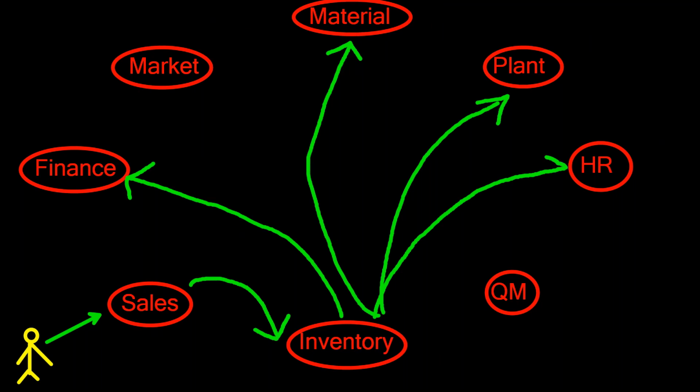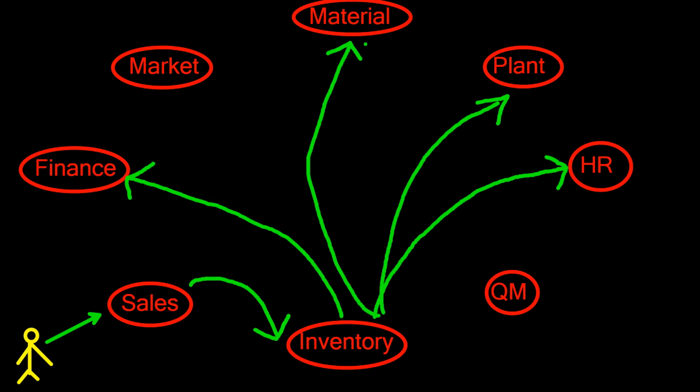After discussing with the HR department, finally HR agrees to release the funds. Once they get the approval mail from the manager, the finance department releases the funds, and the material department purchases the raw material from the vendor. Once the raw material is purchased, the plant department starts the production.